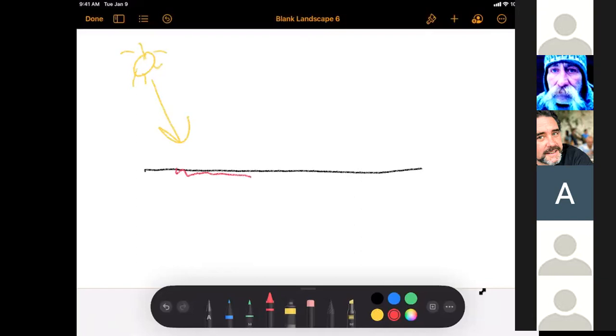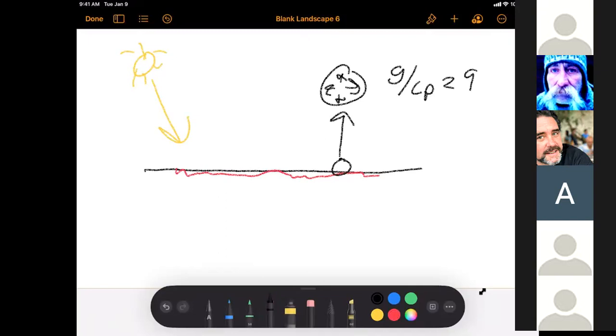We end up heating our surface, which heats the air directly above it. As that air becomes less dense, it rises, it does work, and it cools at a rate determined by gravity divided by the specific heat, which equals 9.8 degrees C. So this is the dry adiabatic lapse rate. And that's really important because a wet adiabatic lapse rate is actually something completely different.